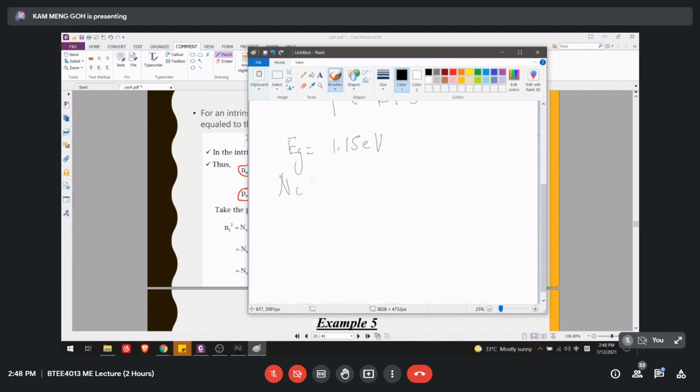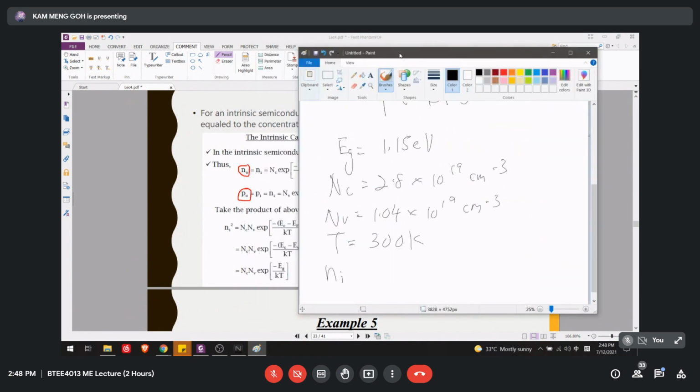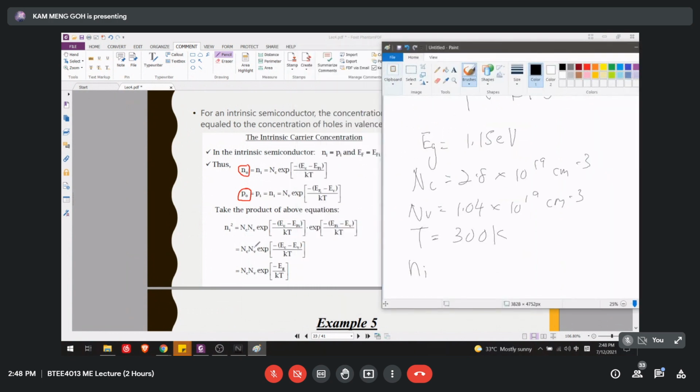The NC is 2.8 times 10 to the power of 19 cm^-3. Then your NV is 1.04 times 10 to the power of 19 cm^-3. Then T equals 300K. Calculate the Ni. Use this formula. Okay, let's try to do this.